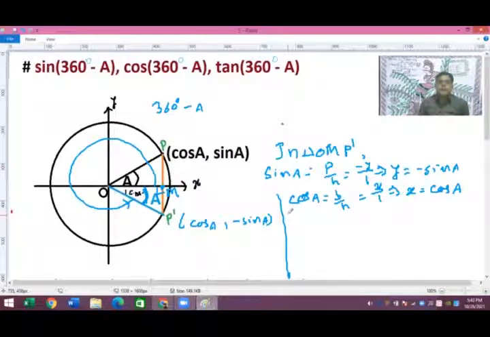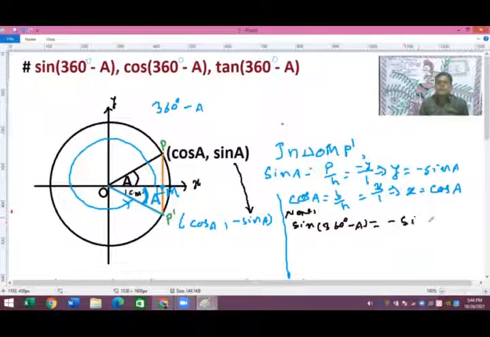Now let's check sine 360 degrees minus a. When it was sine a in the first quadrant, it was the y coordinate. Now this sine a has become negative sine a, and in the fourth quadrant only cos is positive, so it is minus sine a.